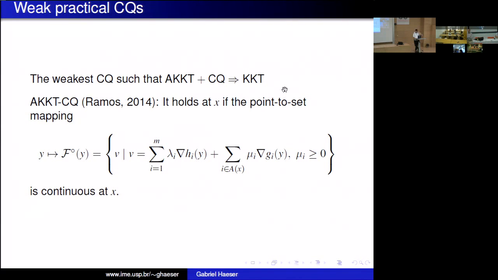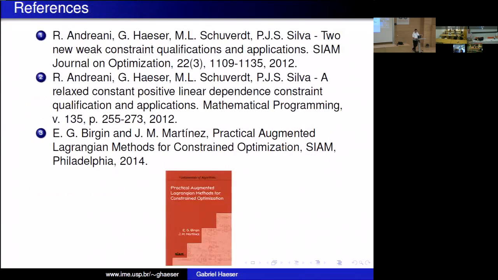So his PhD is based on this kind of thing. And we are now working on second order conditions. If I want an approximate second order point, we have defined these things, and I want to find the weakest constraint qualification that ensures the second order condition. So we are able to define constraint qualifications in this sense.